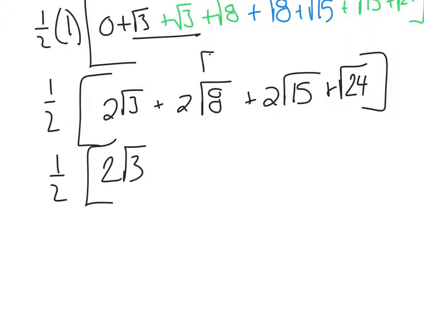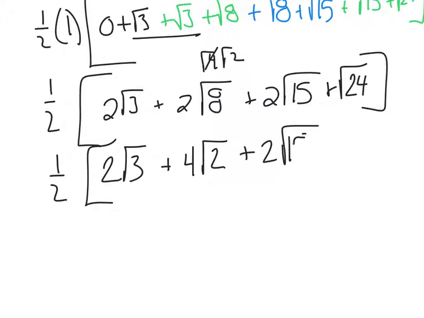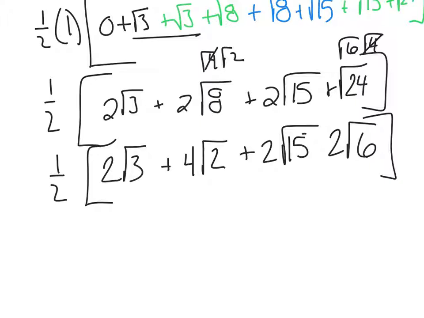This becomes radical 4 times radical 2, so that becomes 2 radical 2, so that's going to be plus 4 radical 2. 5 and 3 don't break down to anything. I could do a 6 and a 4, so that's going to become a 2 radical 6. So basically, none of those can go together, so I'm literally just going to say it's 1/2 times this junk, and that's my approximation for that area.